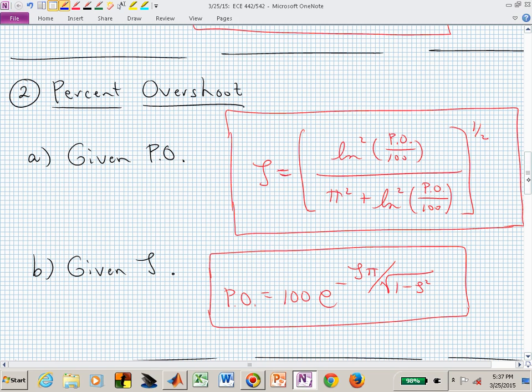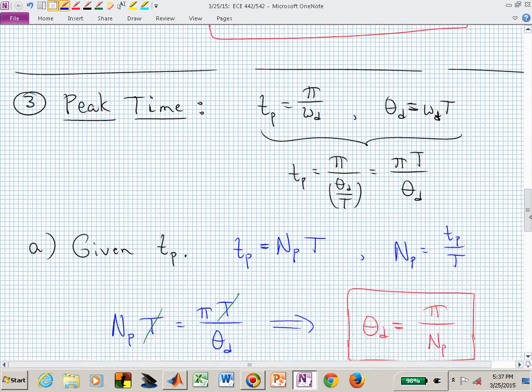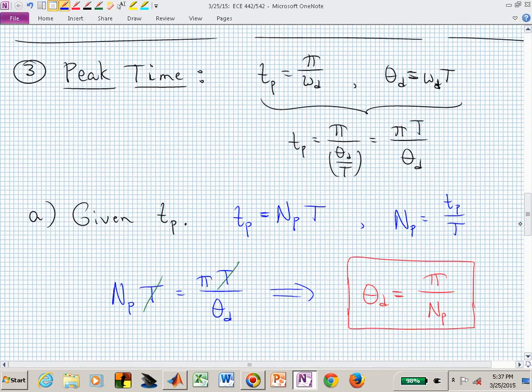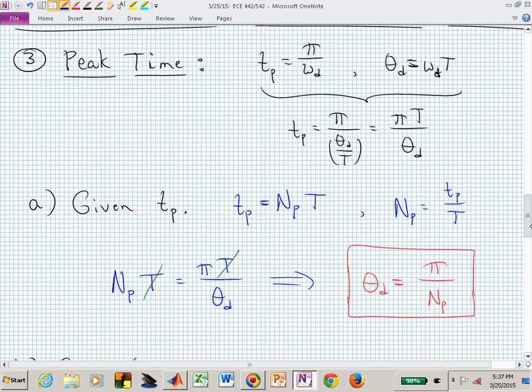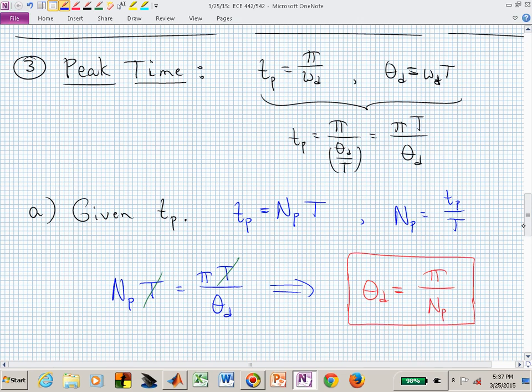We've looked at then the settling time, percent overshoot. We had the peak time that we were interested in also as a performance specification. The peak time was pi over omega sub d, where omega sub d was the vertical distance in the S-plane. That was the imaginary part.